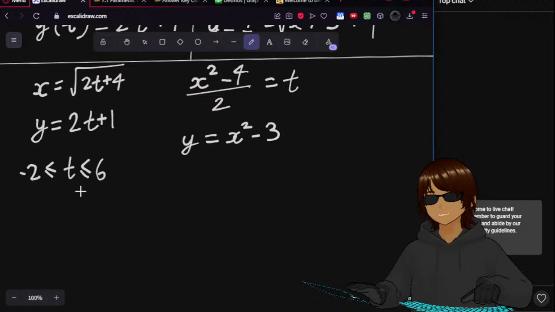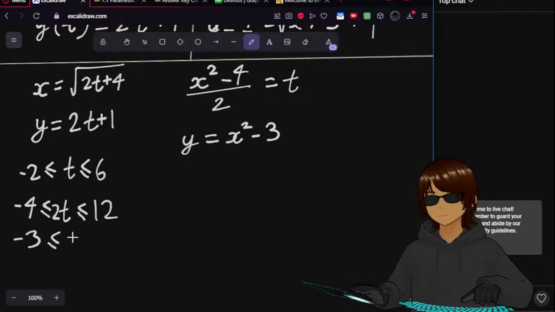And if this is the range for t, then we have minus 4 to 12. It's plus 1, right?